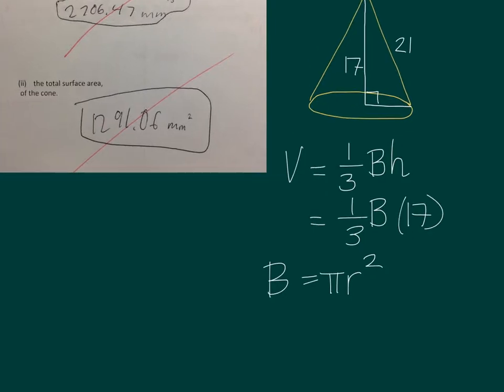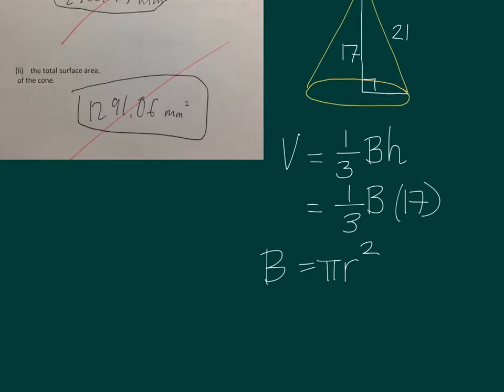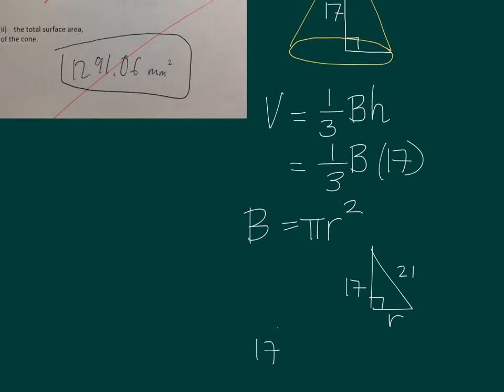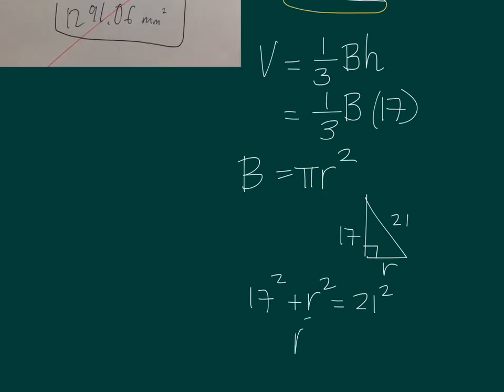Since this is a right triangle, we can use the Pythagorean Theorem to find the measure of r. By the Pythagorean Theorem, 17 squared plus r squared is equal to 21 squared. This gives r squared equals 21 squared minus 17 squared, and r must be the square root of 21 squared minus 17 squared.